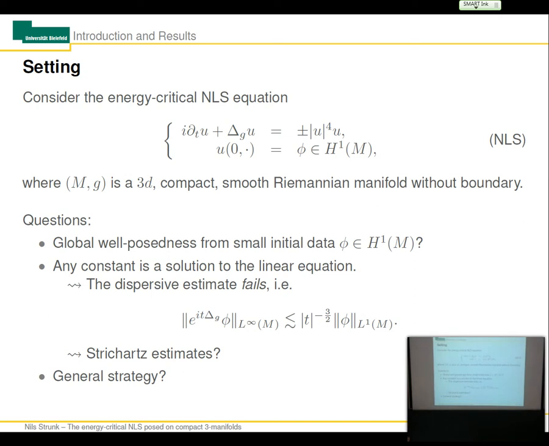So this inequality cannot hold. So what do Strichartz estimates look like? What can we expect? And the last question that I want to ask is, is there any general strategy that has been developed in the last few years for how we can prove some global or local well-posedness results?